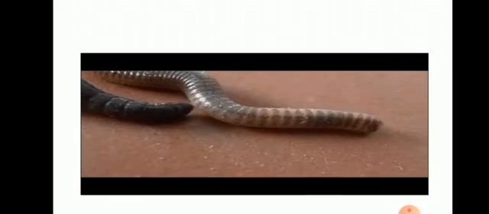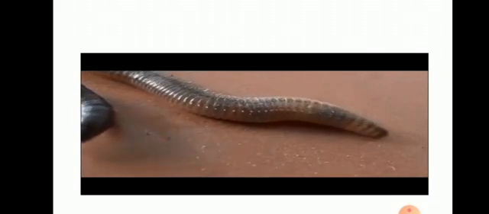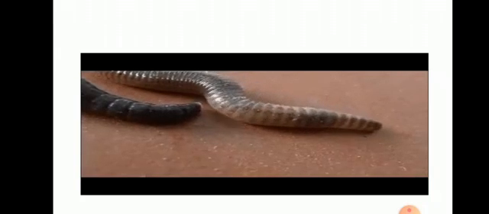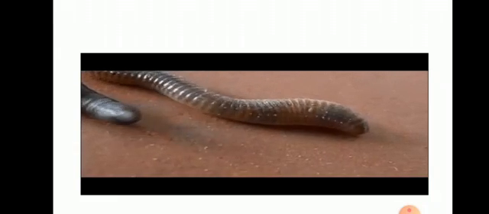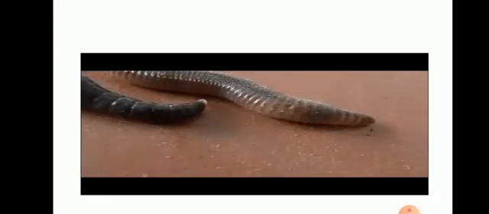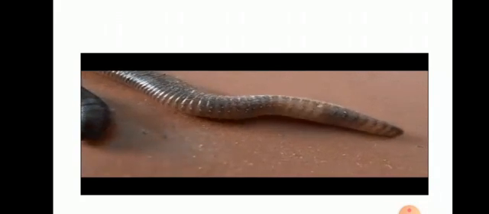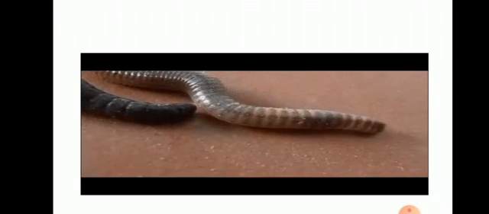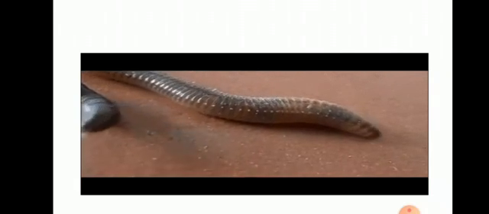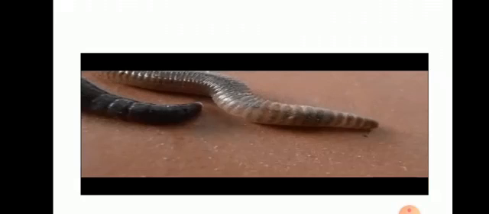You see the two movements. Place the glass plate and continue to observe its movement. The earthworm moves more easily on the garden soil and the blotting paper than on the glass plate.